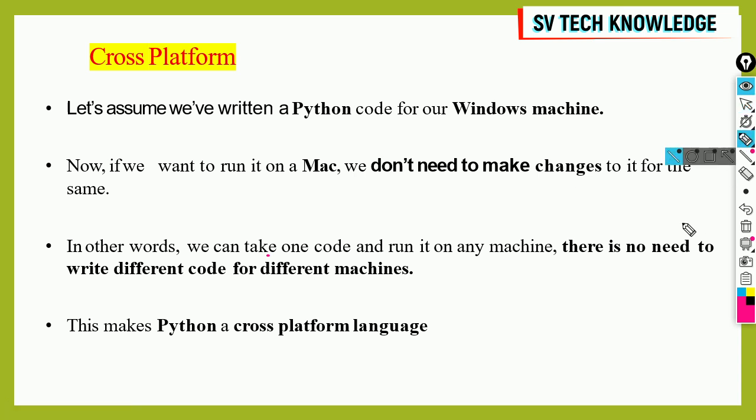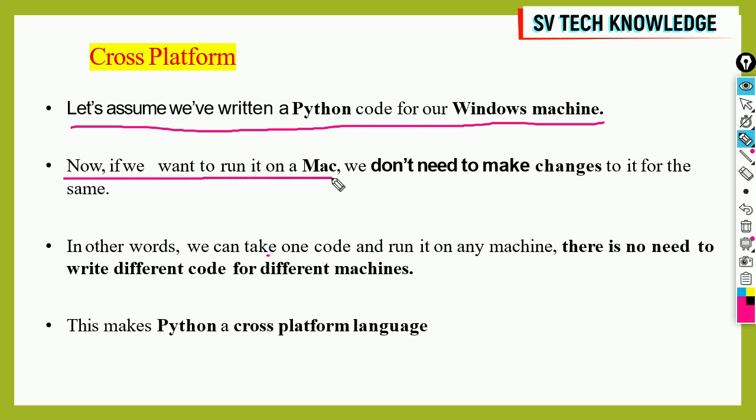Cross-platform. So we say portability, right? Let's assume we have written Python code for our Windows machine. Now if we want to run it on Mac OS, we don't need to make changes to it. Means write once, run anywhere. In other words, we can take one code and run it on any machine.